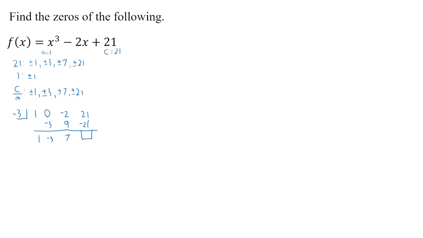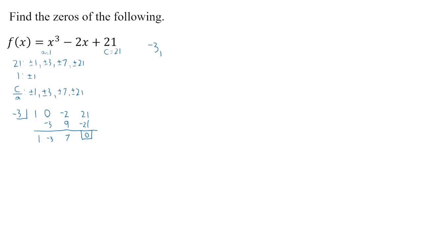And 21 plus -21 is 0. So as you can see, the remainder is 0. Therefore, -3 is the first of 3 zeros.